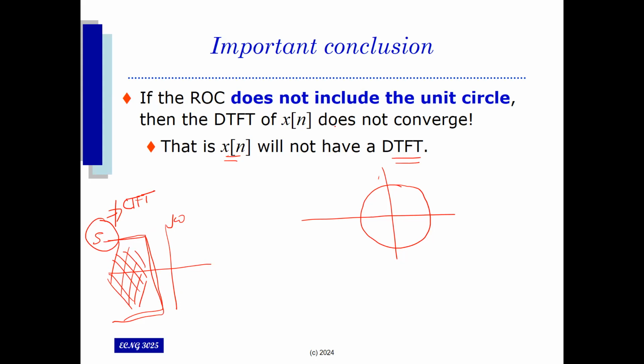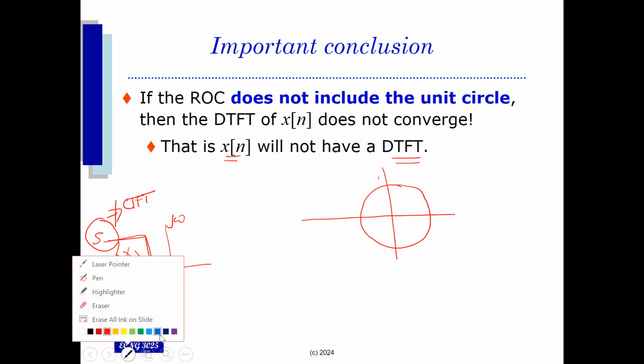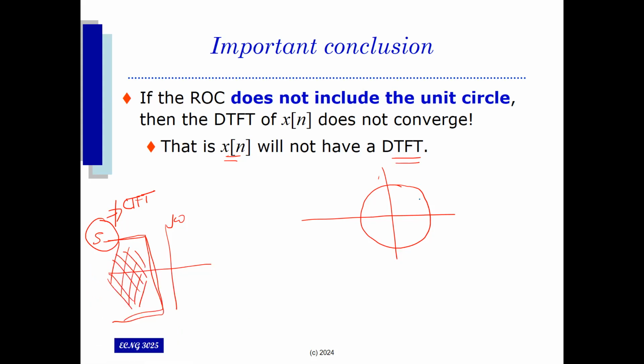So same thing here. If I give you some Z transform and the Z transform region of convergence, so let's say the region of convergence for this particular thing is in a zone outside of the unit circle.